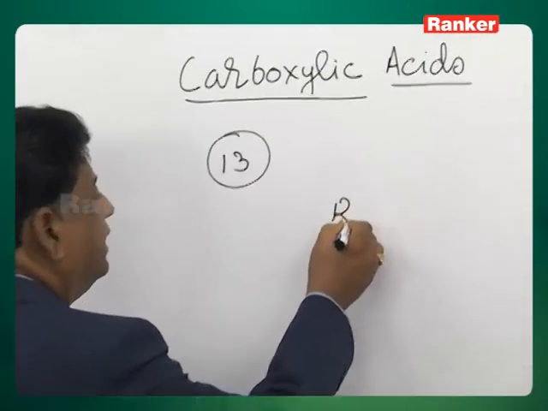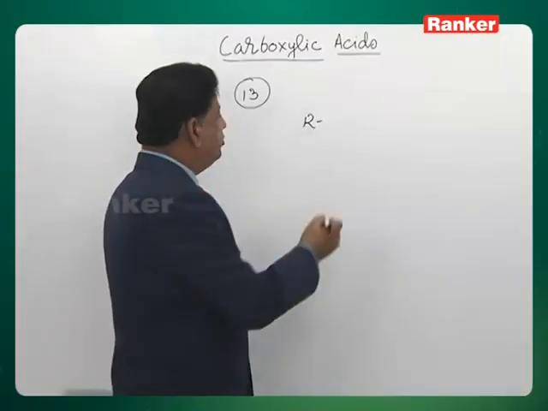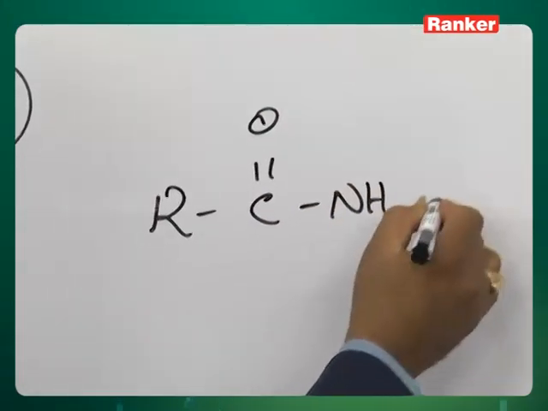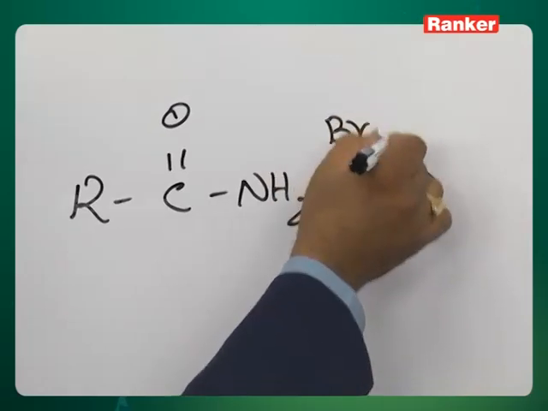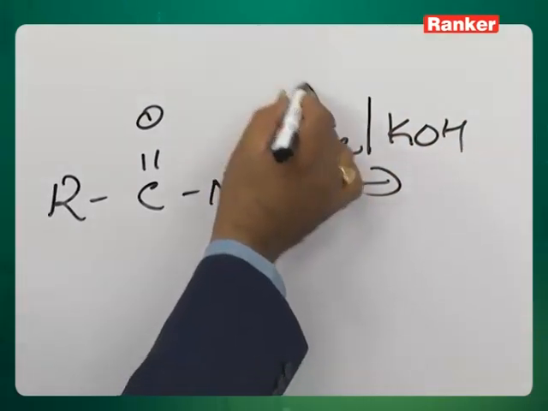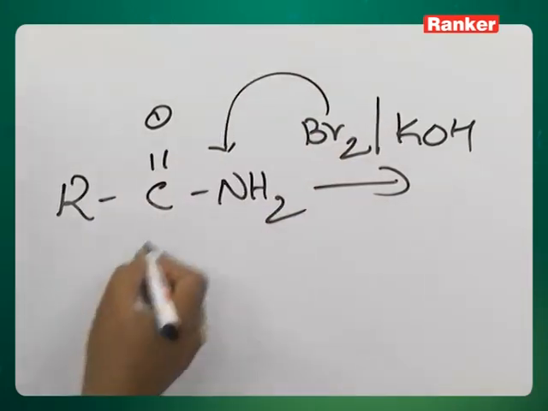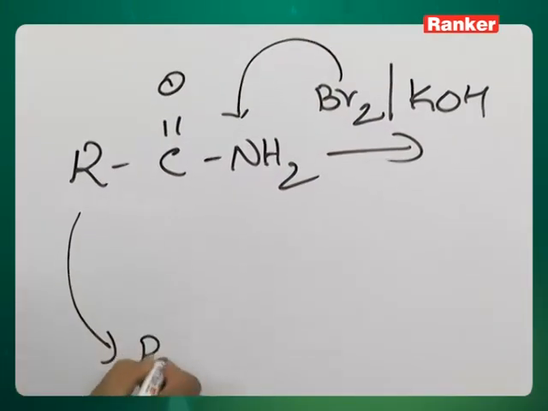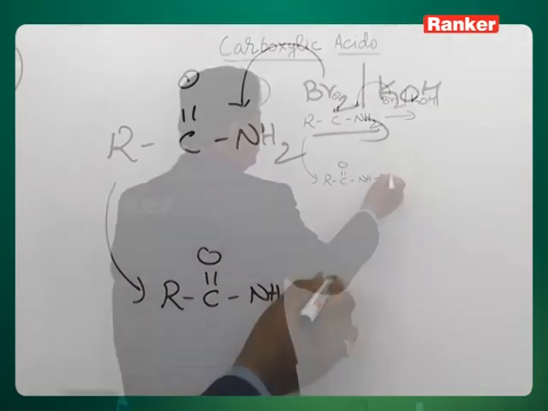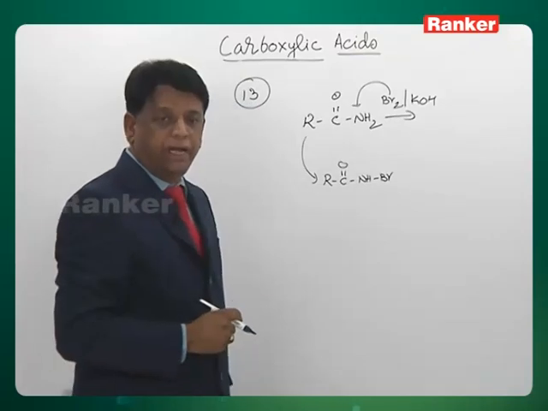So what he has taken is RCONH2, R is not mentioned, treated with bromine in the presence of KOH. What happens in this reaction is the bromination takes place on the nitrogen, and subsequently in the mechanism RCONHBr is formed. This is called N-bromoamide.